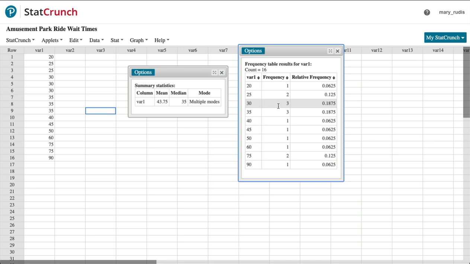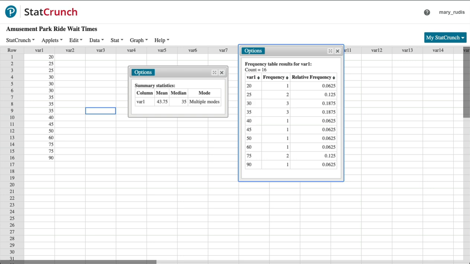So the mode gives you another kind of measure of center, like what is typical in our data. The median is 35 and the mean was 43.75. When you put those three numbers together, you get an idea of where the center of your data is.